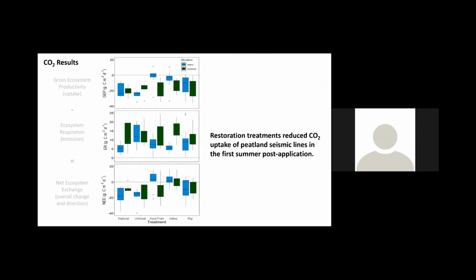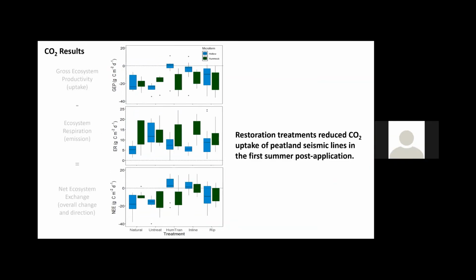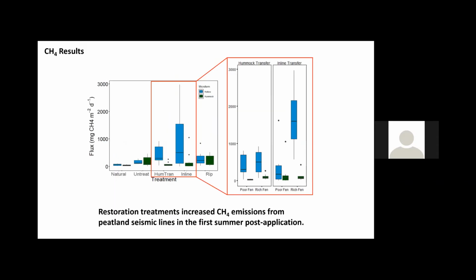So overall, we found that all three restoration treatments reduced the CO2 uptake of the lines in the first summer. As well, for CH4, similarly, all three of the treatments increased CH4 emissions. So CH4 is a one-way measure, and it's produced under waterlogged conditions.